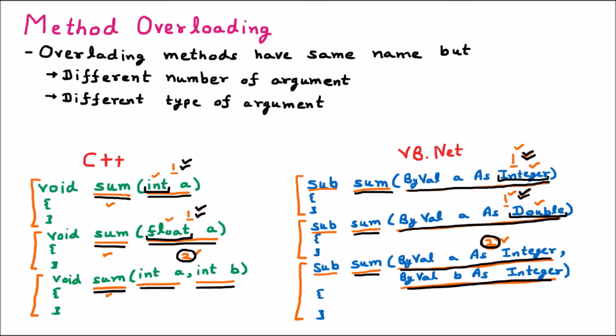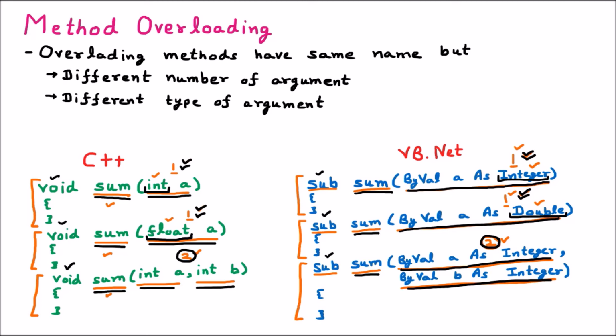So in method overloading, the name of the procedure or the function should be the same, but their number of arguments should be different or the type of argument should be different. Here we can see that we have used the void. Void means no return type. And in the .NET we have used the sub, which is again the no return type, same as the void.